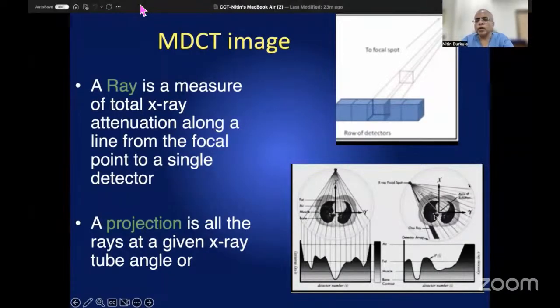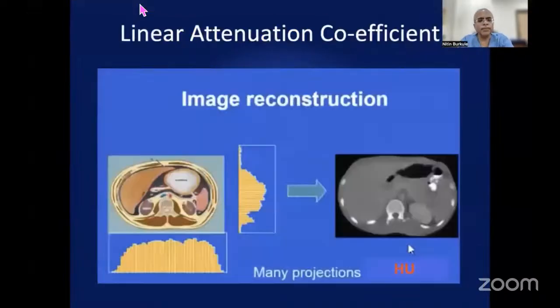So when you have high attenuation, you have lower values here. When there is hardly any object in the path of the ray which can absorb the photons, you will have less attenuation. So that is how from thousands of such points you are going to create these attenuation maps, and each projection is going to have its 64 into 800 elements or rays for a 64 slice CT.